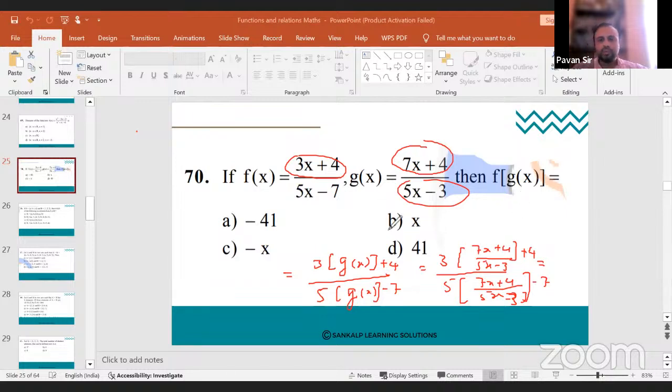So option B is the correct answer for this. That is x. X is the correct answer.